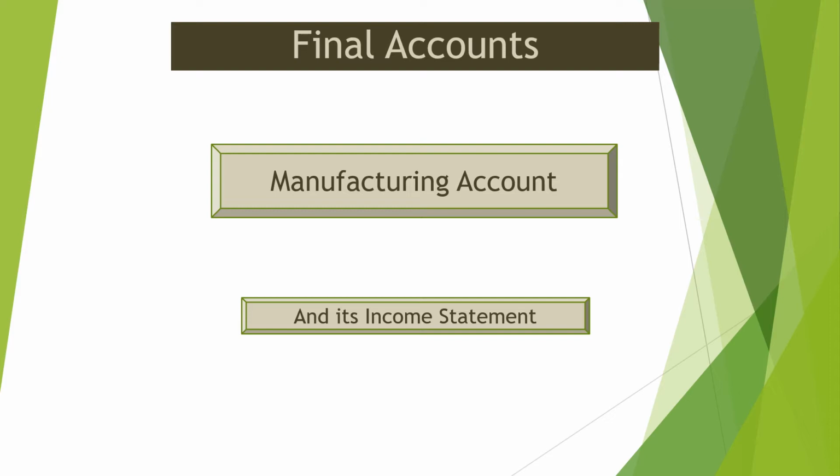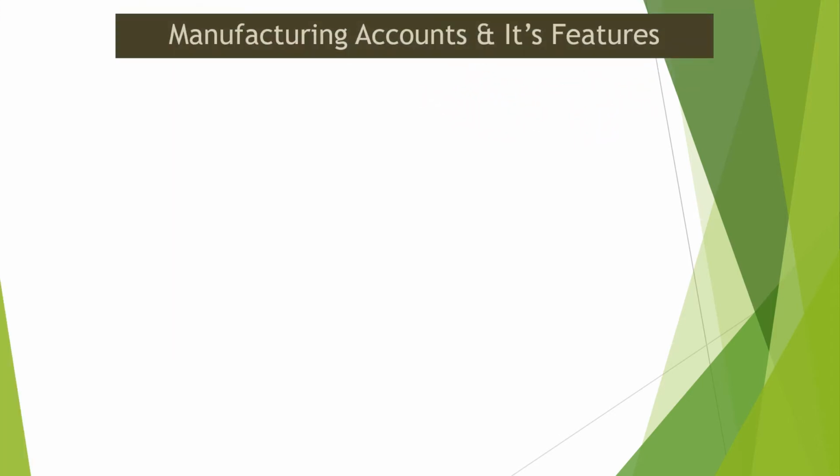Manufacturing account is prepared for manufacturing concerns who produce goods. There is a method to calculate the cost of the product until it turns into its finished shape. Manufacturing accounts and its features.